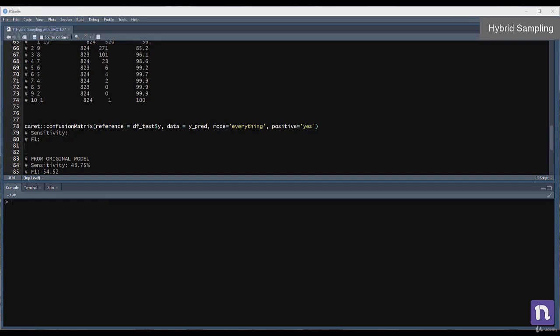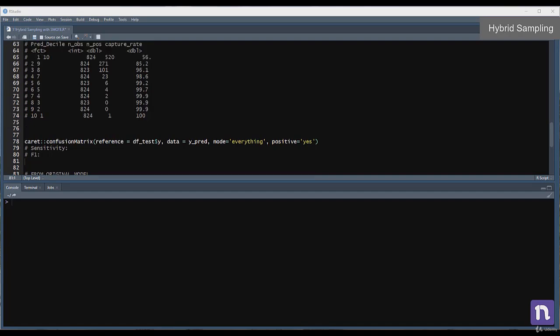That is, the model's sensitivity and F1 score are high, but the capture rates of the model are actually underperforming the original model. What can happen underneath is the probability scores of all the ones are nicely calibrated, so that all of them are greater than 0.50.